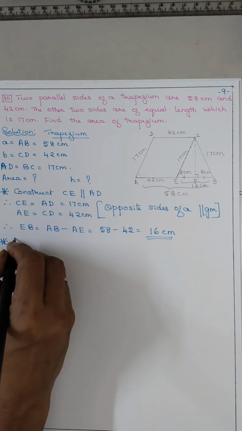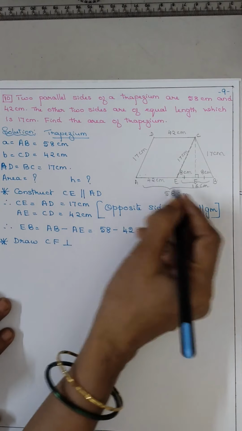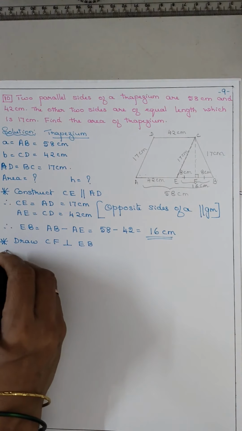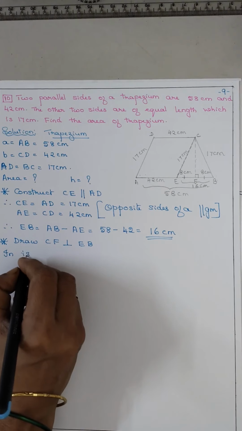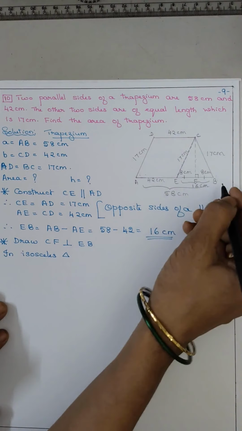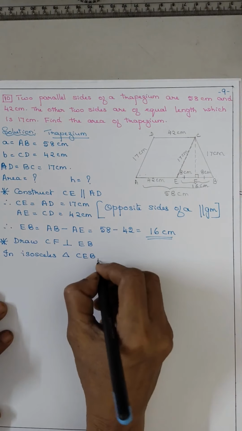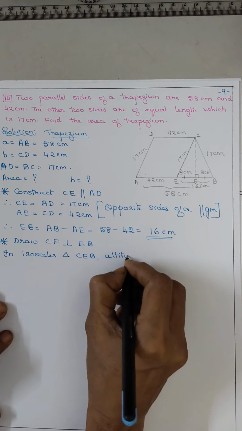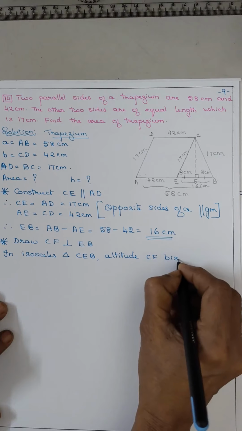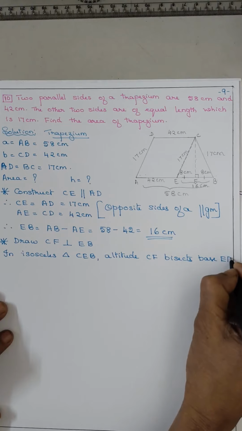Draw CF. Draw CF perpendicular to EB. Now, in isosceles triangle CEB, altitude CF bisects base EB.